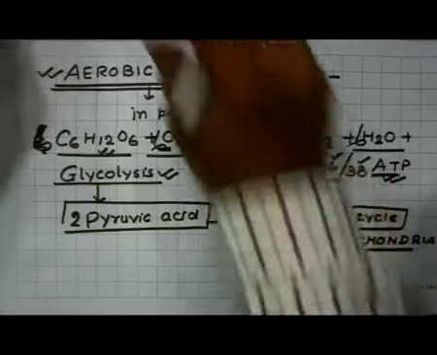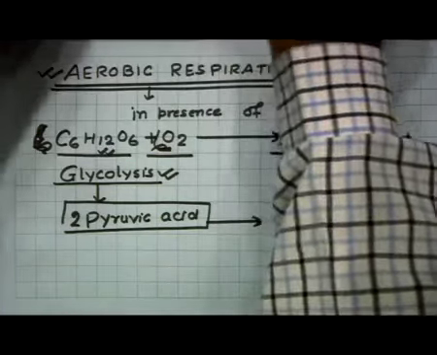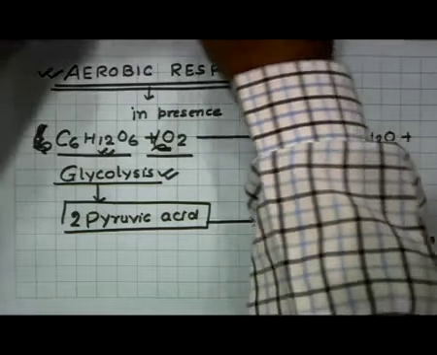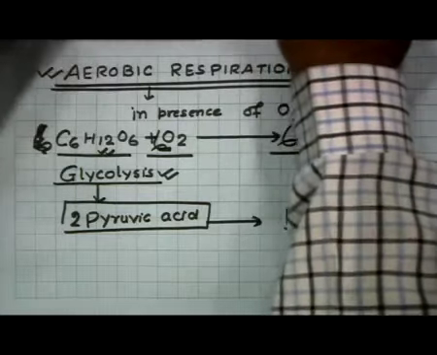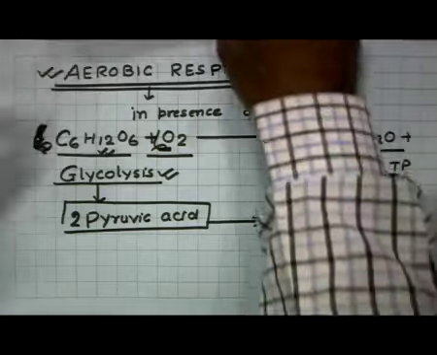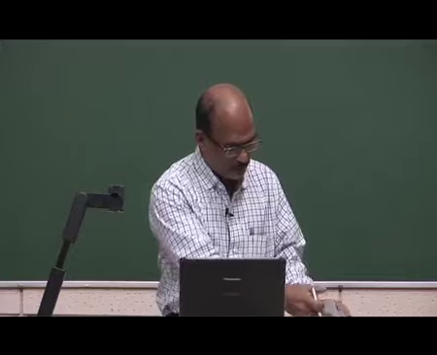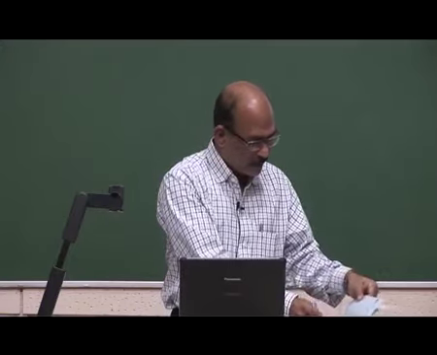where all the enzymes of the cycle are present in the mitochondrial matrix, as well as other steps in the mitochondrial membranes.